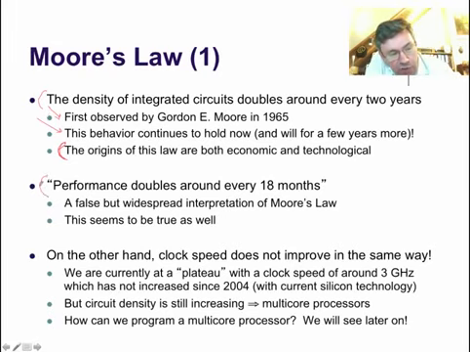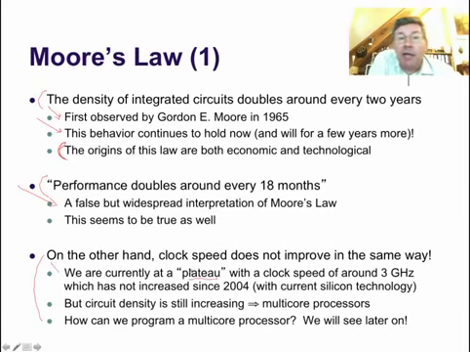There is another version which says performance doubles around every 18 months. This is not Moore's law. It's actually a widespread interpretation, but it's false, but it seems to be holding as well. On the other hand, even though the density is improving and performance is improving, clock speed is not improving in the same way. So we're currently at a plateau.